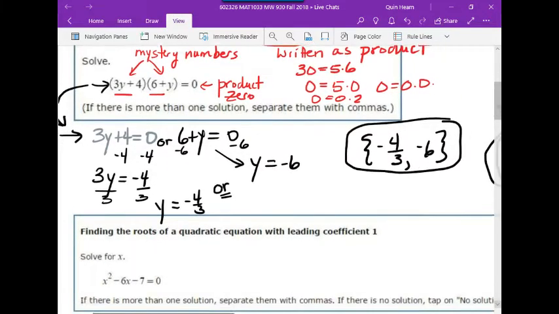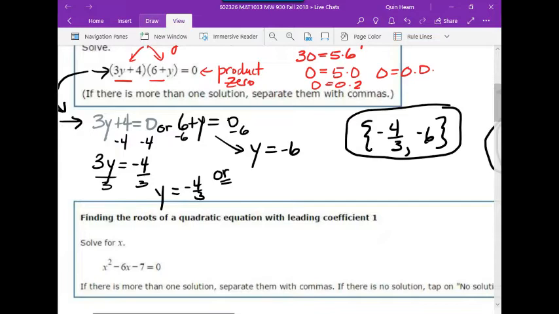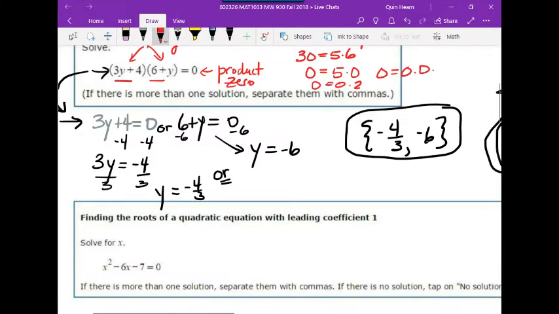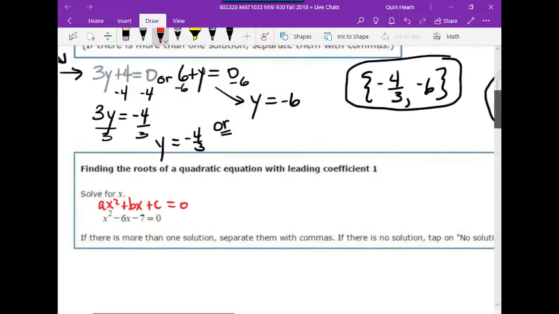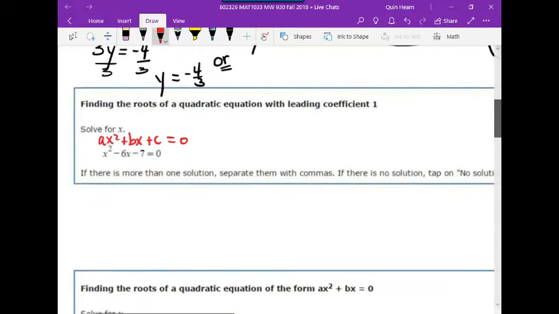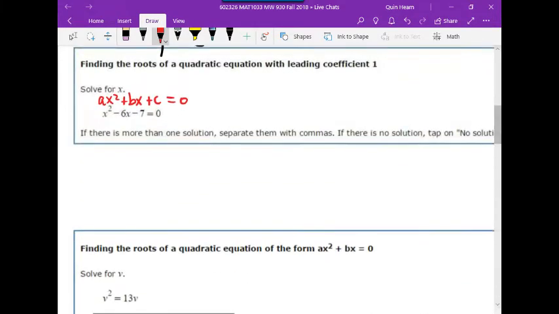Recognize that that does fit the pattern that we just discussed of a quadratic equation, ax squared plus bx plus c equals 0. There are actually several techniques for solving a quadratic equation, and by the end of this semester we will have covered them, but at this point what I'd like to use is the factoring technique. So we're going to factor the polynomial x squared minus 6x minus 7.